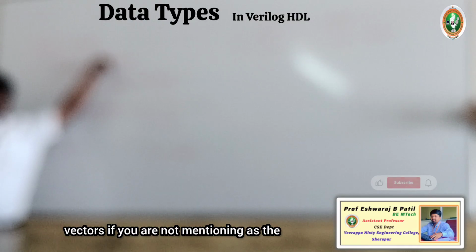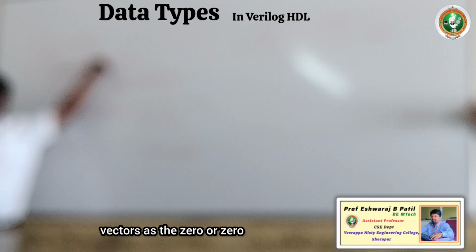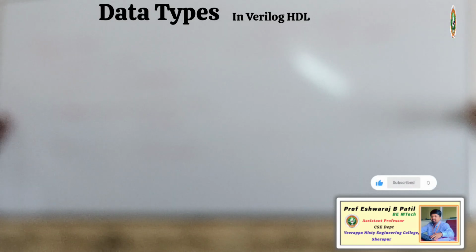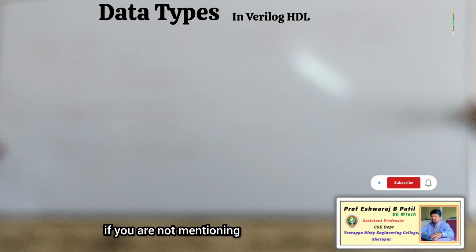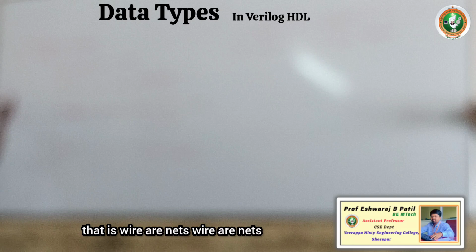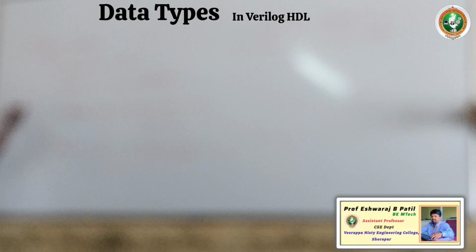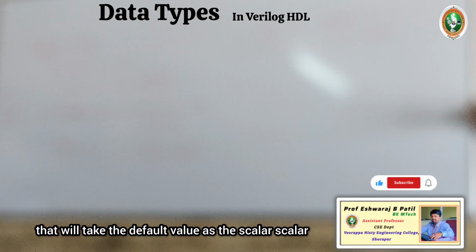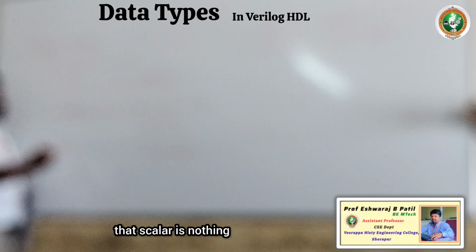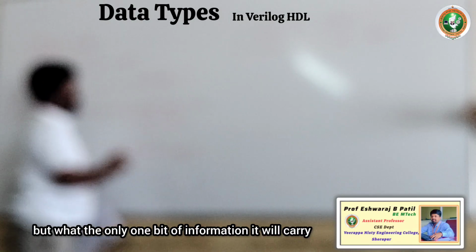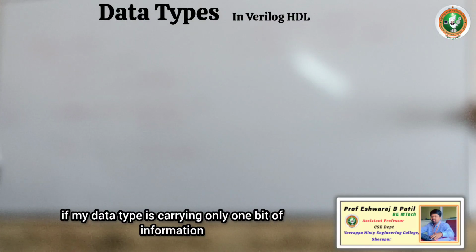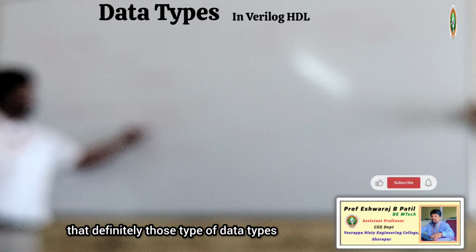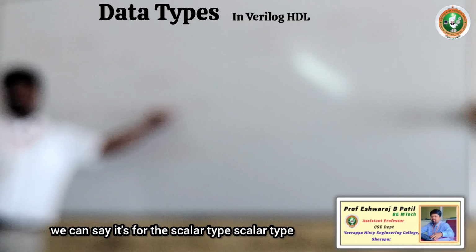If you are not mentioning the range, wires or nets, and even registers, will take the default value as scalar. Scalar is nothing but only 1 bit of information. If my data type carries only 1 bit of information, we can say it is a scalar type.